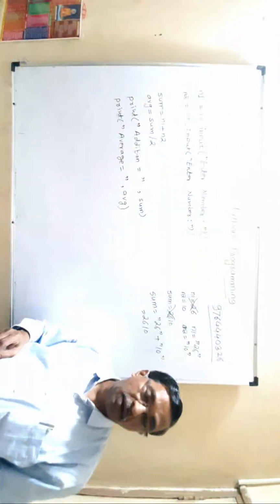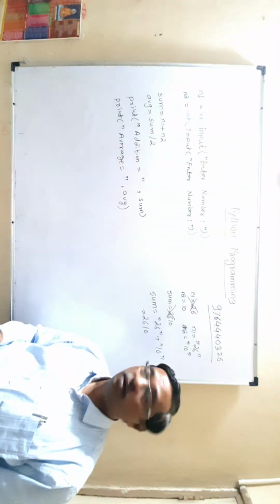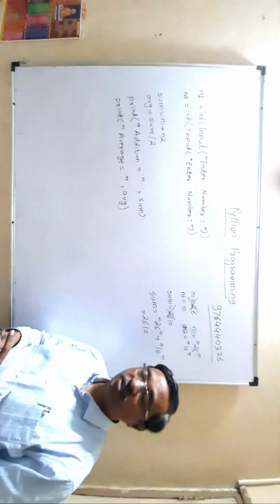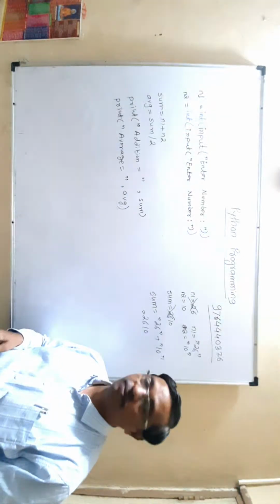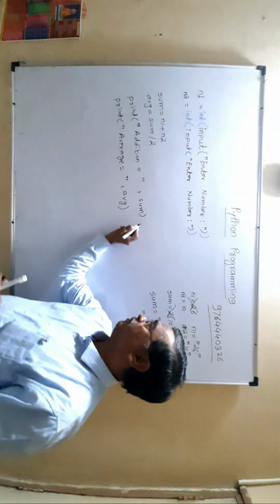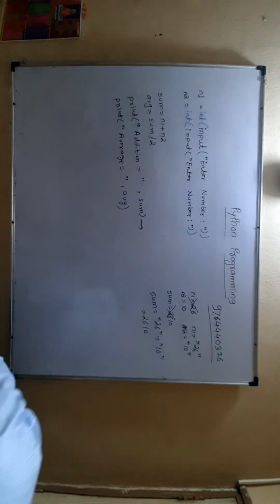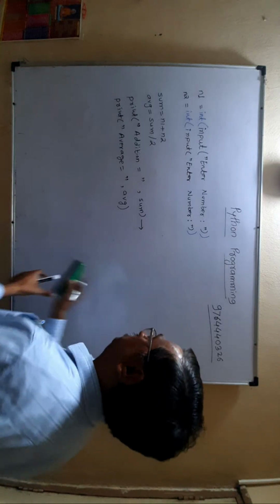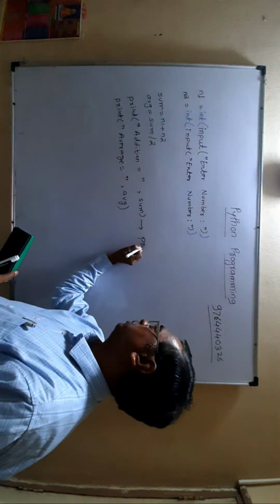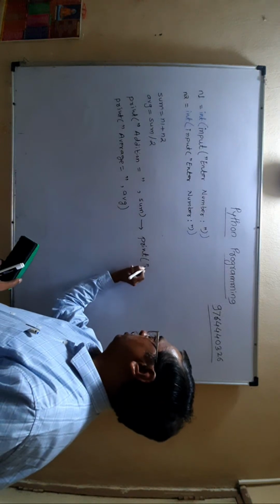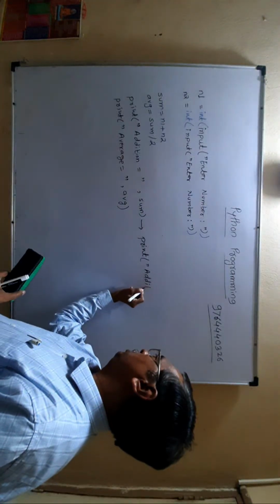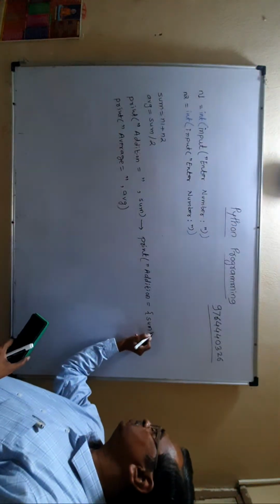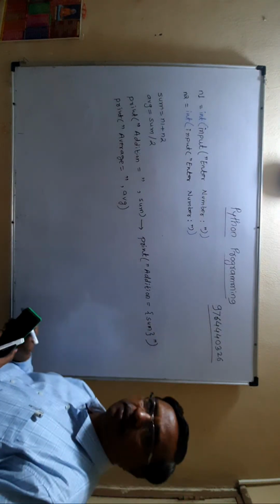So this program reads two numbers from the keyboard, calculates the sum and average, and displays them. The same statement we can write as print(f"addition = {sum}").